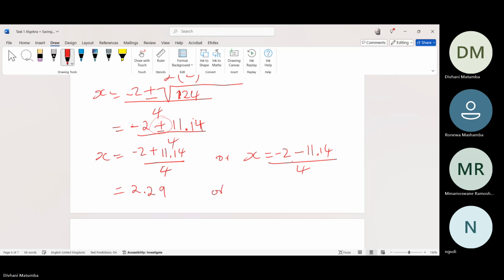Or if you put a minus, how much did we get?